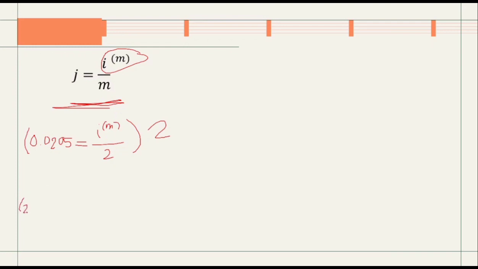2 times 0.0205 is equal to I raised to m.